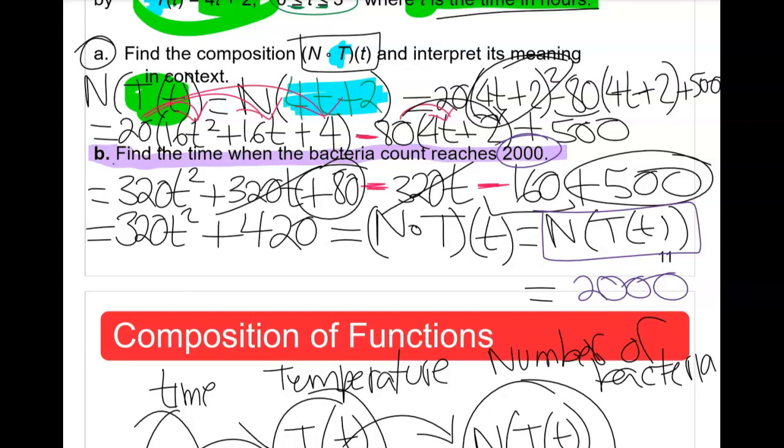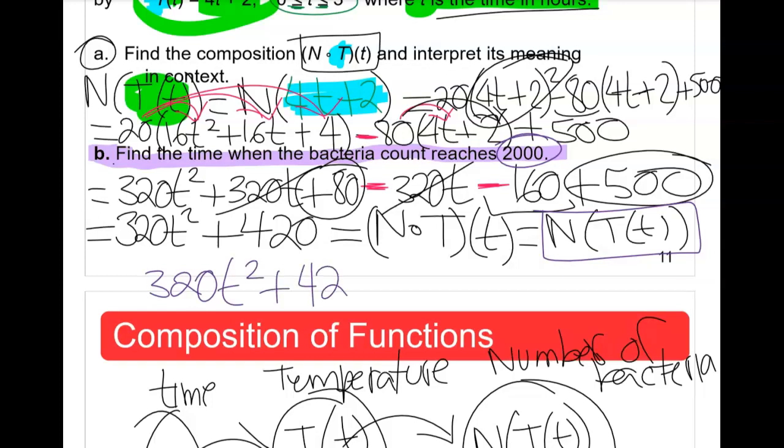And then we will use the equation here: 320t squared plus 420 equals, and just like the question says, 2,000. So that's going to be the equation that we will be solving.